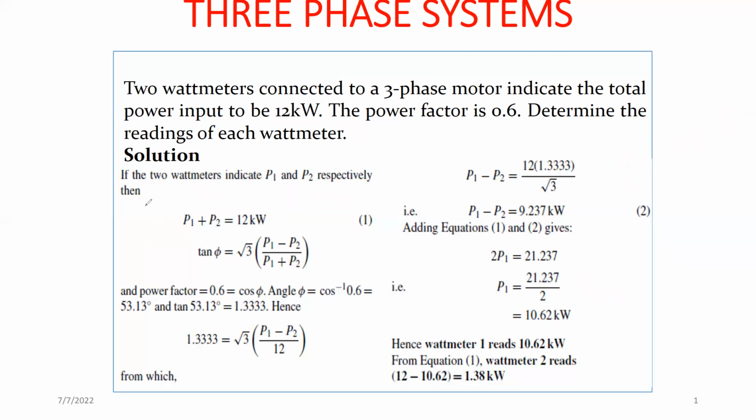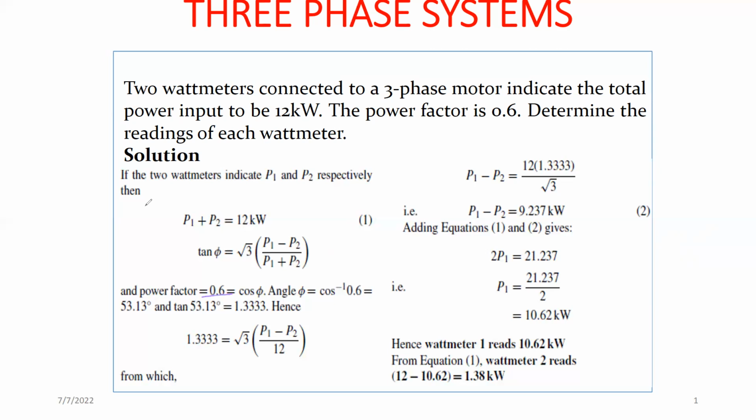So when given a power factor of 0.6, we have our formula as tan phi is equal to the root of 3 into brackets, power 1 minus power 2, divided by power 1 plus power 2. That is how we find it. And our power factor is 0.6.